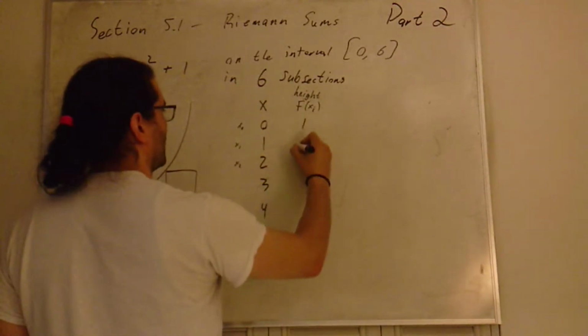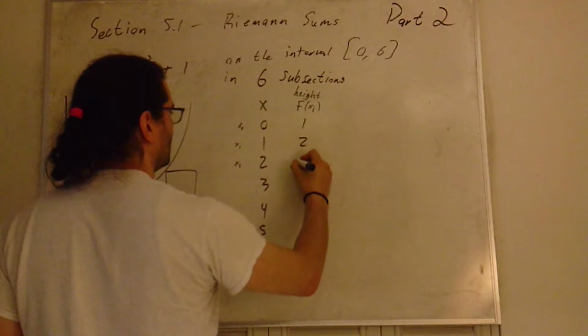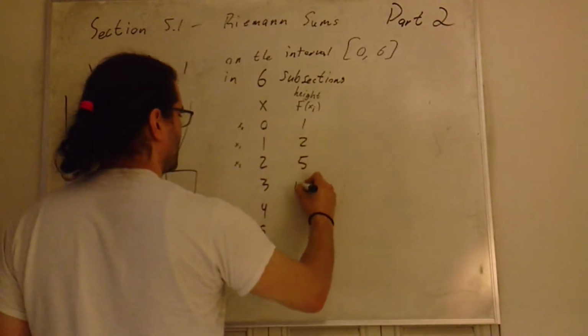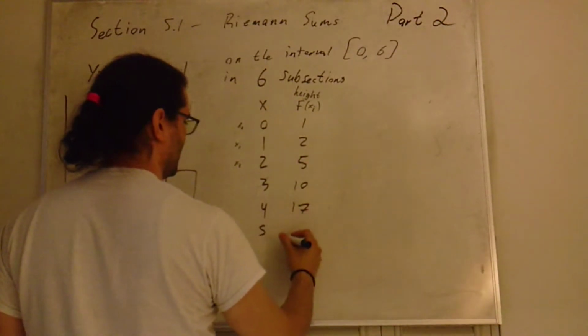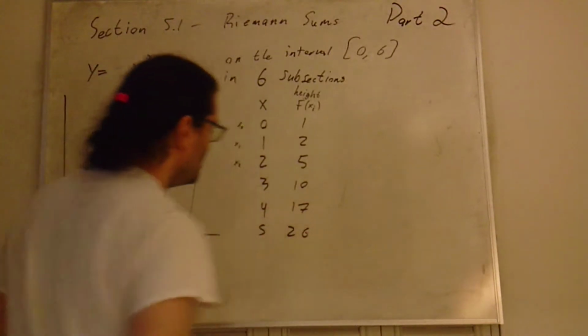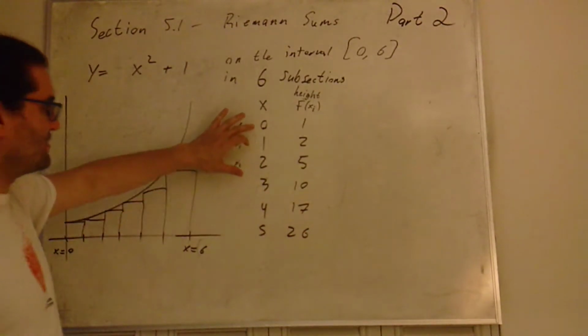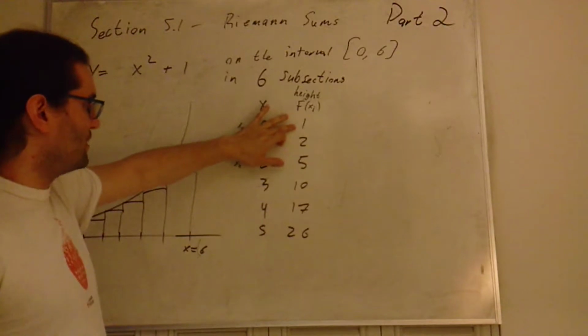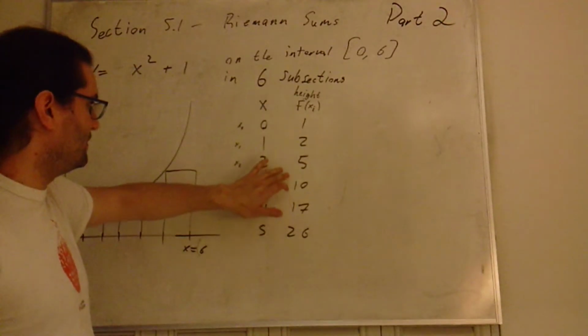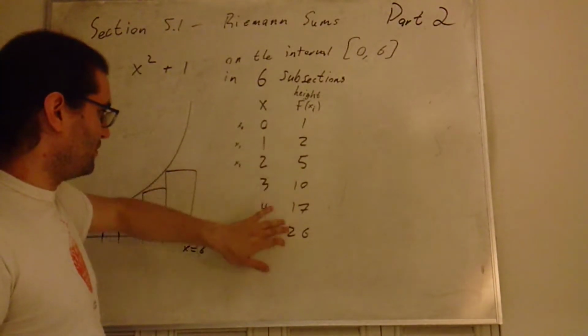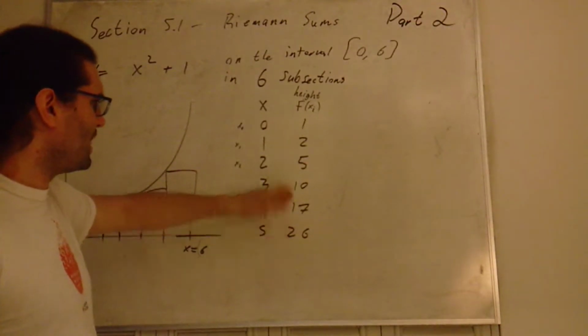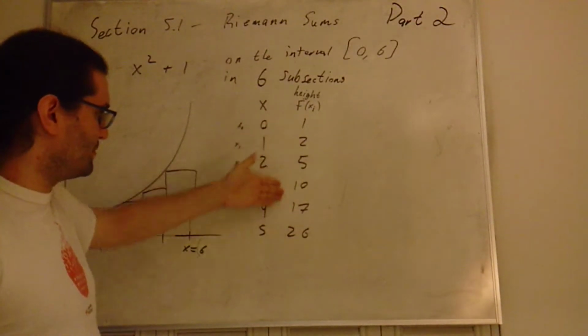So this will be 1, 2, 5, 10, 17, and 26. Some of these numbers are familiar from the last time we did this. We had the 1 before, we had the 5 before, and we had the 17 before. So we're adding a couple numbers in between these guys.